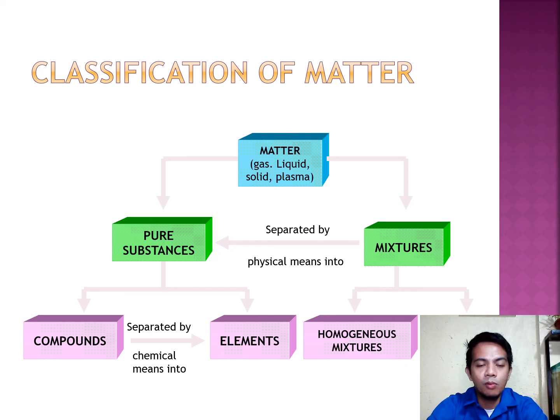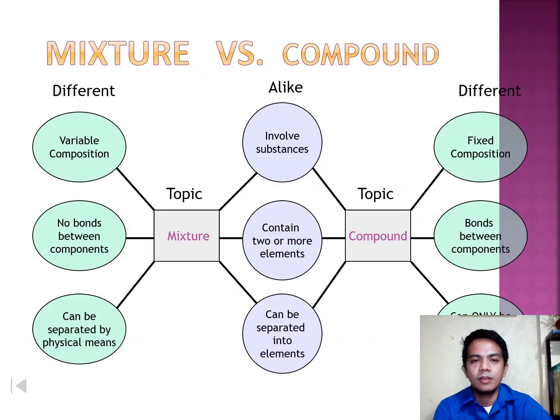Element cannot be broken down, but compound can. Compounds are separated by chemical means into elements. Under mixture, we have homogeneous mixtures and heterogeneous mixtures. This slide is showing the difference and the similarity between the mixture and compound.